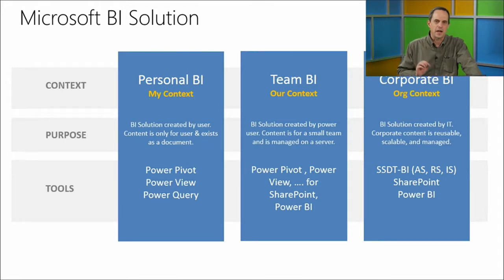It exists in a document typically, and it stays on my machine. It's created by me, and it's for me. Maybe I'm exploring or trying to understand the details behind some numbers. Business intelligence can mean a lot of things, but if I'm trying to explore, understand and document, that's what personal BI is about. I might give it to my boss or something.